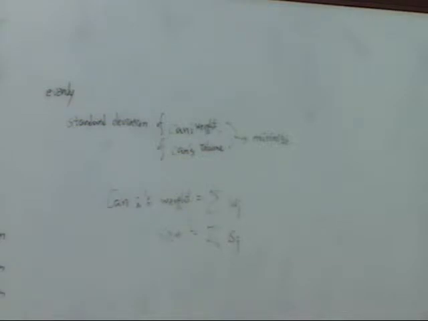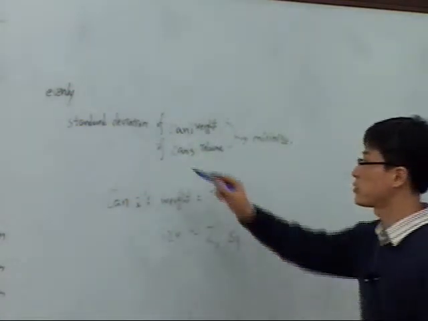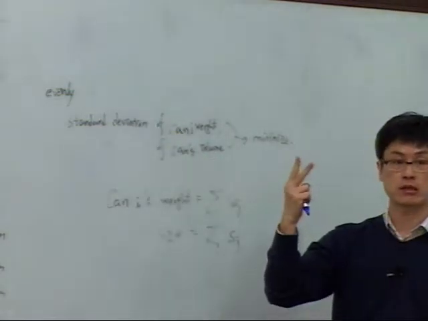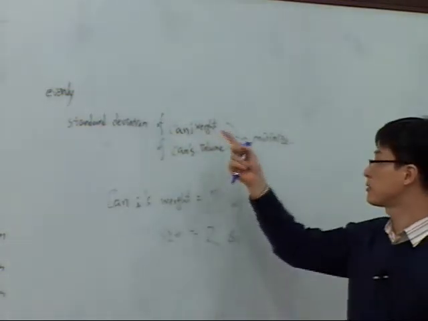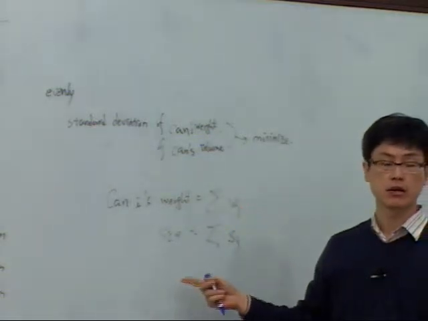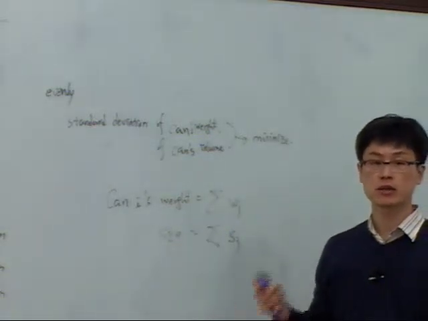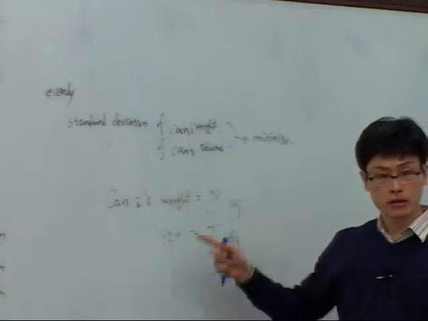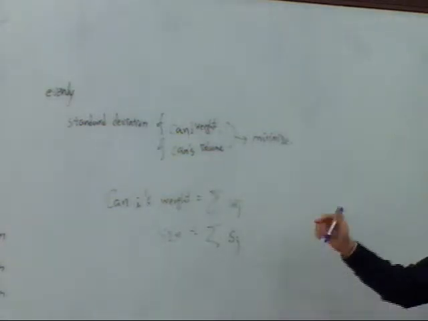So, well, objective function is, because we have two things, standard deviation of weight, standard deviation of size, and we have to minimize these two things at the same time. So in this case, it is very straightforward.